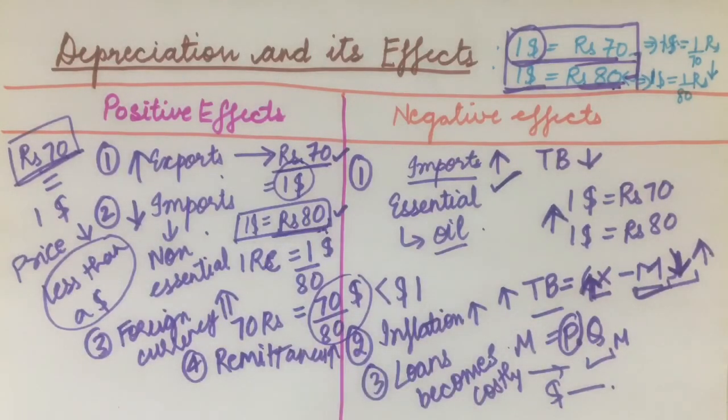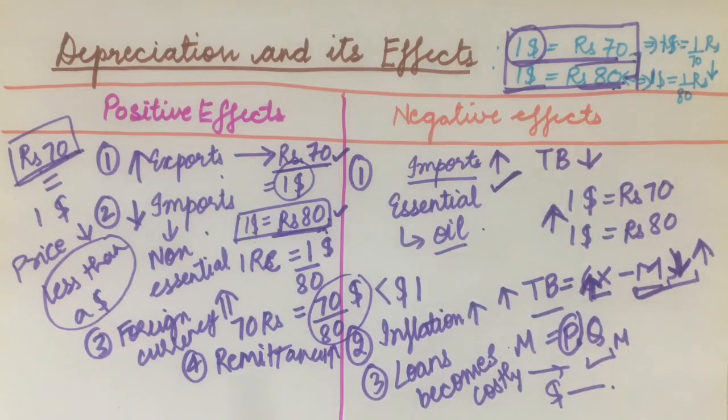Then we see the effect on investments. So how does depreciation affect investments? Any investment that we are making that has a price in foreign currency would become expensive. But any investment that is denominated in Indian rupees would be valued at a lesser amount.